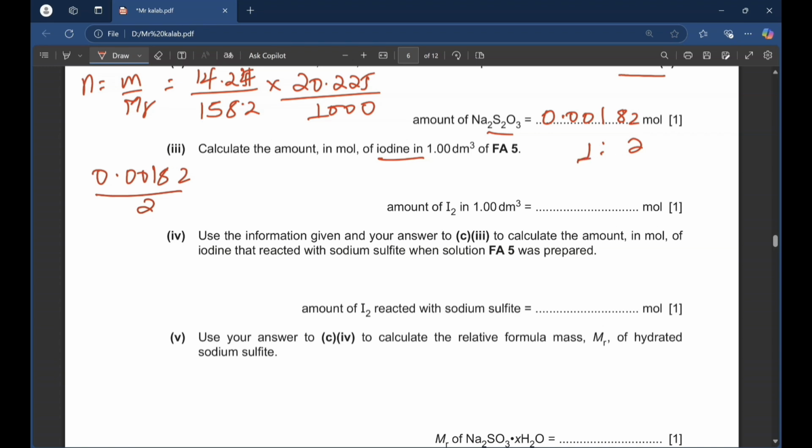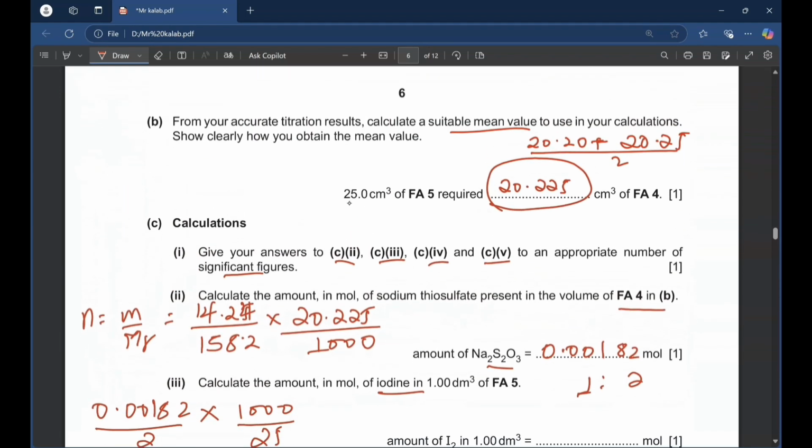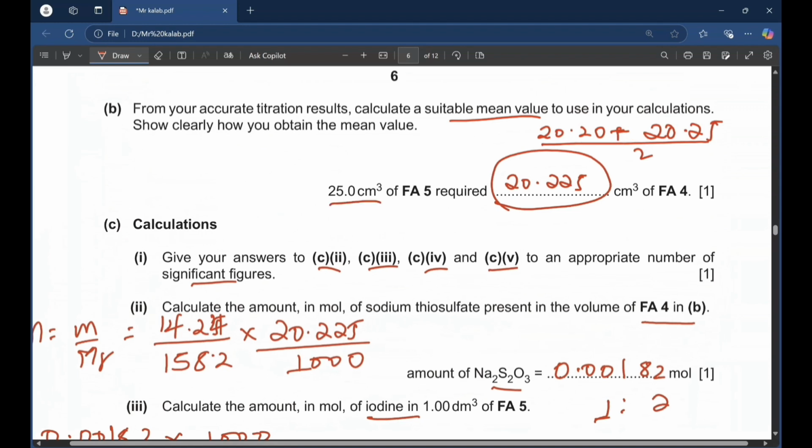Okay, but the calculation is not done here again. We're asked to calculate moles of iodine in 1 decimeter cube of Fa5, which is 1000 centimeter cubes. We're going to divide this by 25 because Fa5 used in our reaction was 25 centimeter cubes. Okay, so this 20.25 centimeter cube of Fa4 is for every 25 centimeter cube of Fa5.